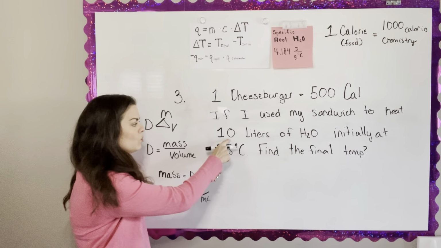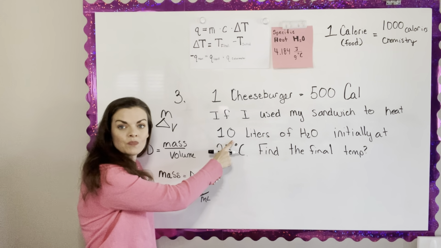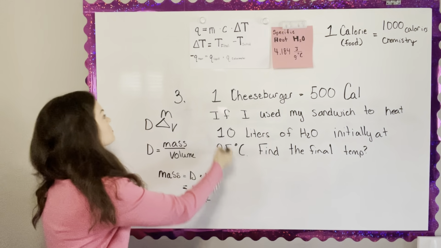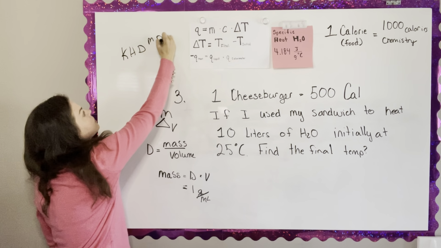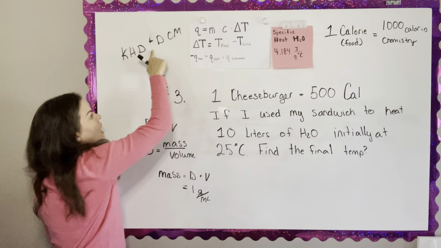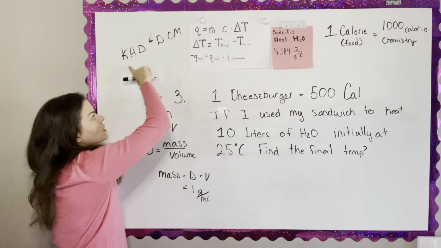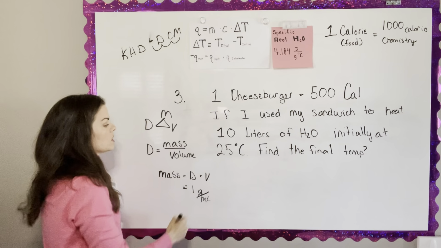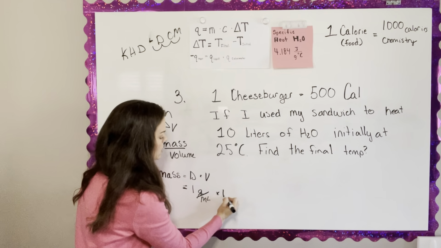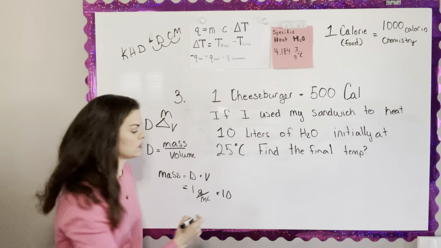And so if you'll remember, I'm taking 10 liters to milliliters. I'm in liters, and if I'm doing king, hair, dye, drinking chocolate milk, I'm going to go 1, 2, 3. So you're actually going to move your decimal point 3 times.